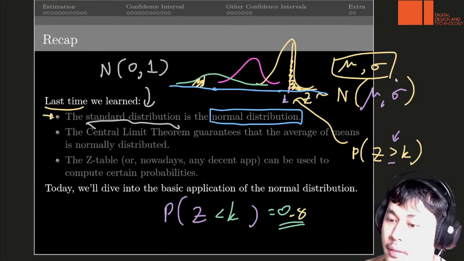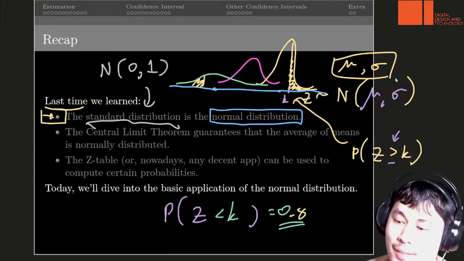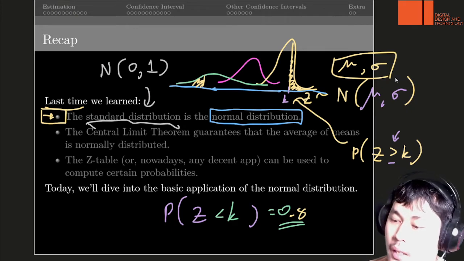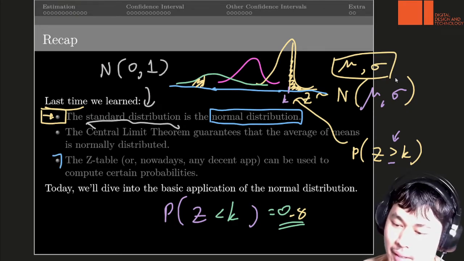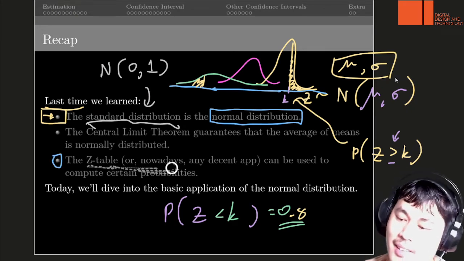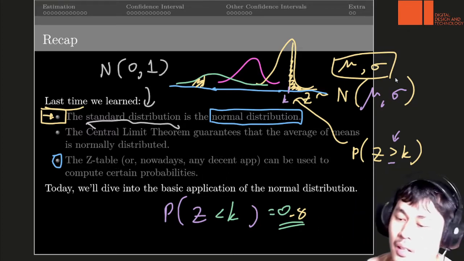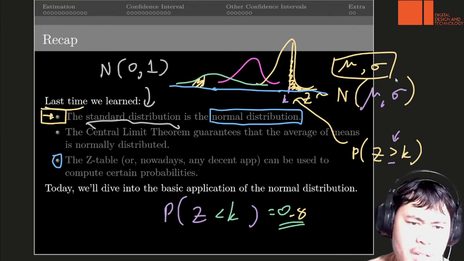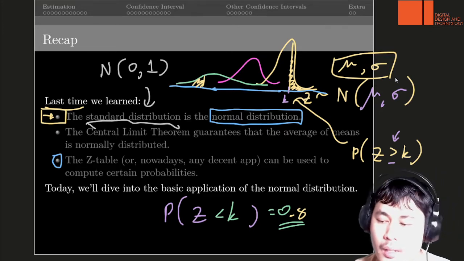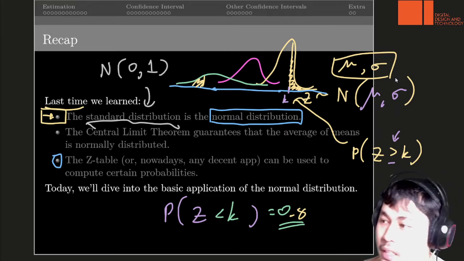Right, that's the first one. There are lots of combinations, lots of new concepts. And then there's also the Z table. Nowadays you can use any decent application on your phone, laptop, or web browser to compute that.